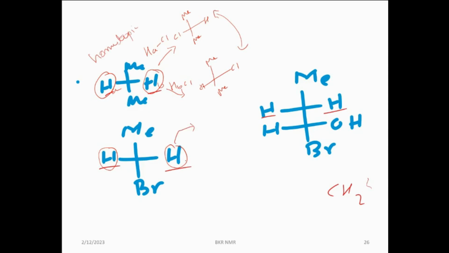If you exchange one at a time, I get Cl in one case and Br in the other. This is methyl CHClBr. Now you place them in a mirror plane.